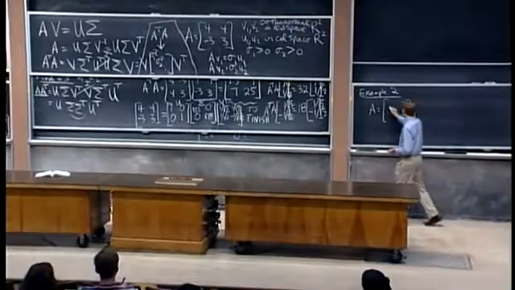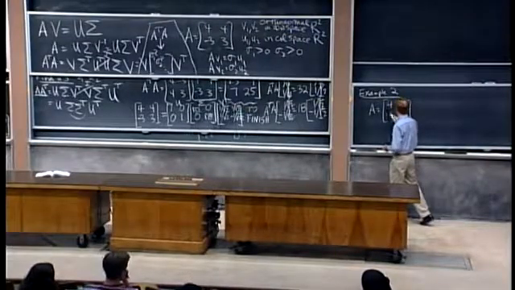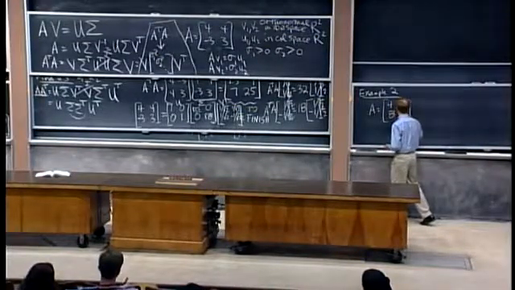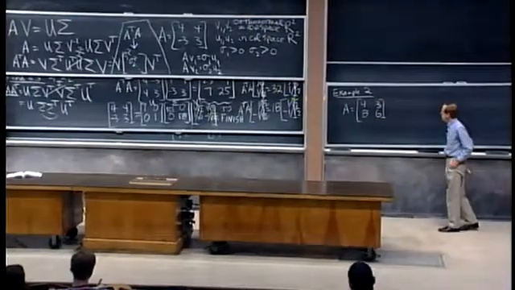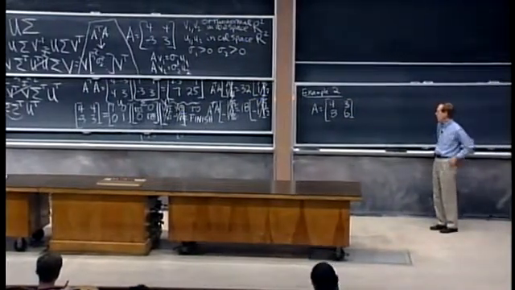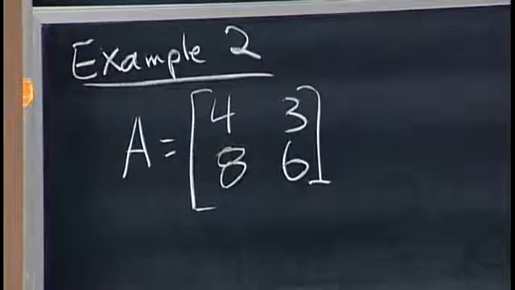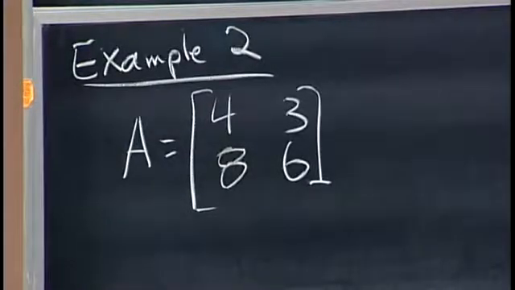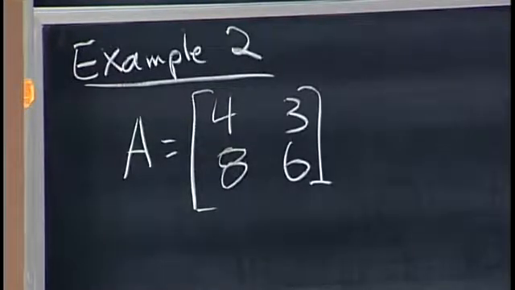Let me just make it 4, 3, 8, 6. Okay, that's a rank 1 matrix. So that has a null space and only a one-dimensional row space and column space.